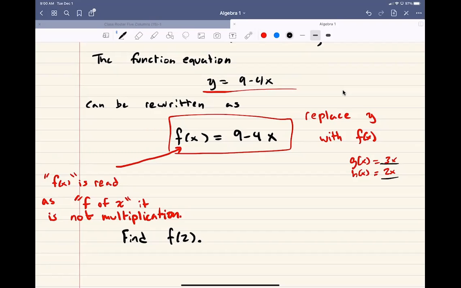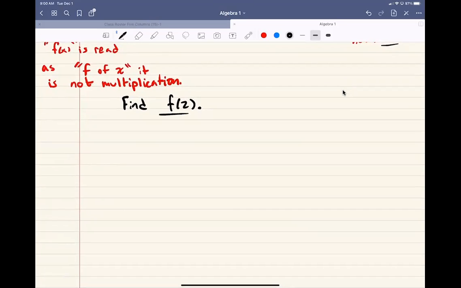But one of the main reasons we like using function notation is because we can do something like this. It says find f of 2, right? What does that mean? Well, when you have our original function, 9 minus 4x, this says evaluate f of x at x equals 2.